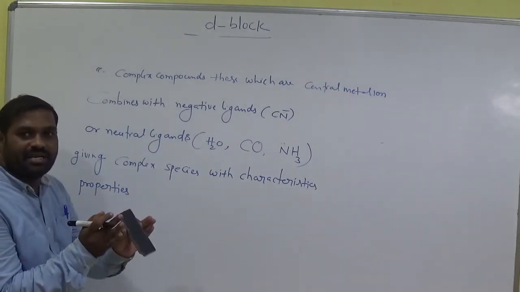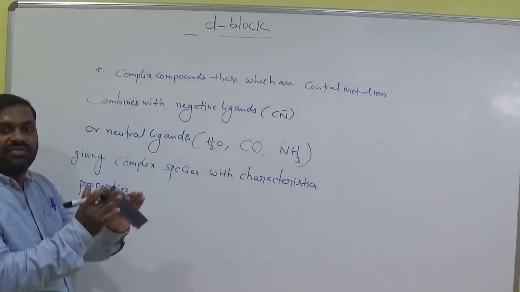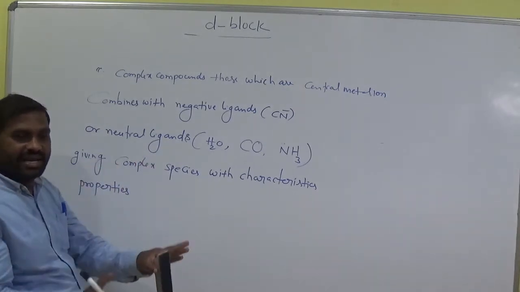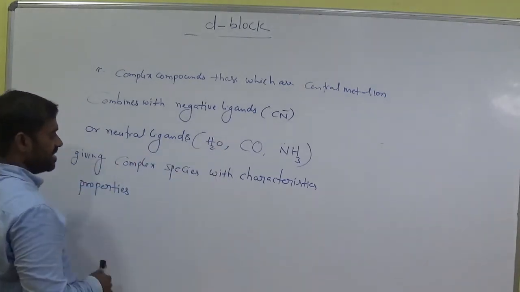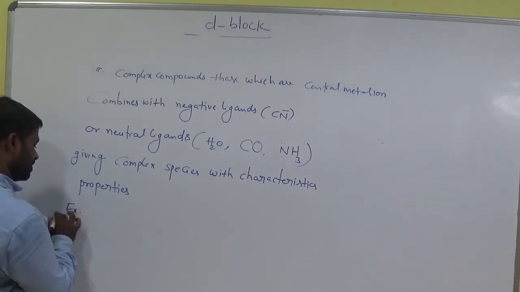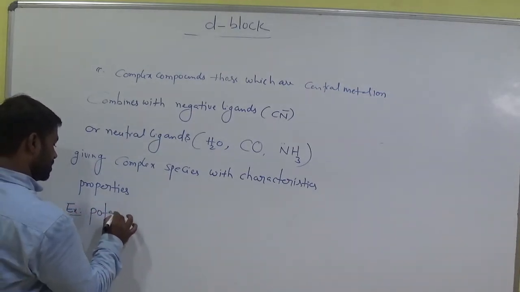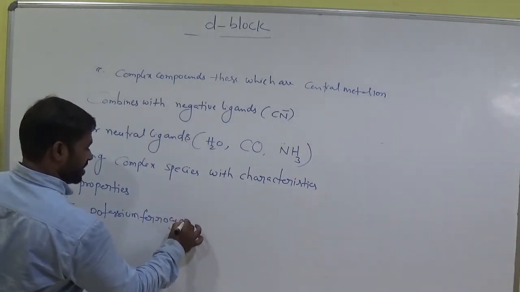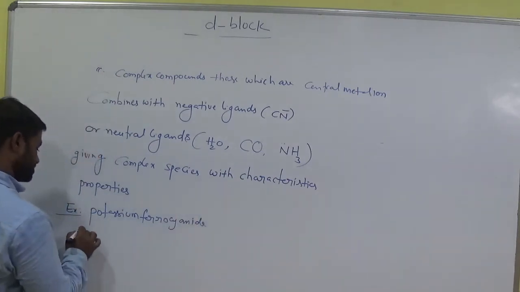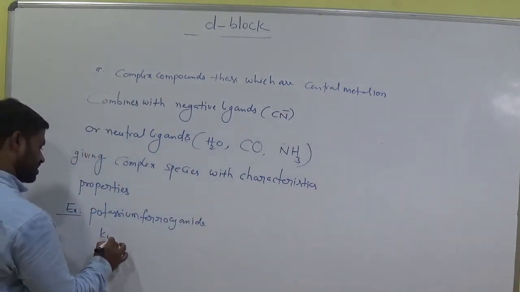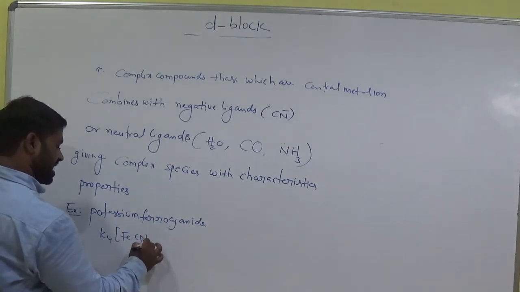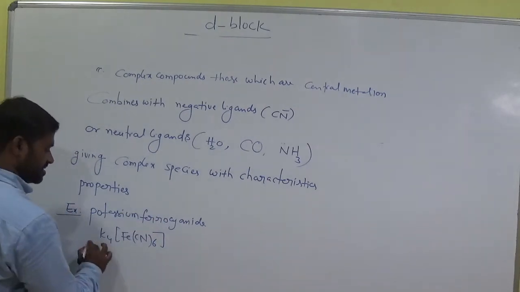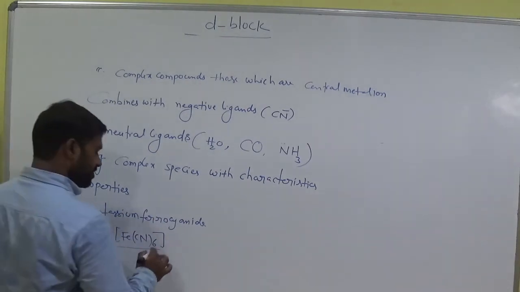Simply, central metal ions form bonds around the ligands, that may be negative ligands or neutral ligands. For example, potassium ferrocyanide, K4Fe(CN)6. It is a complex compound.